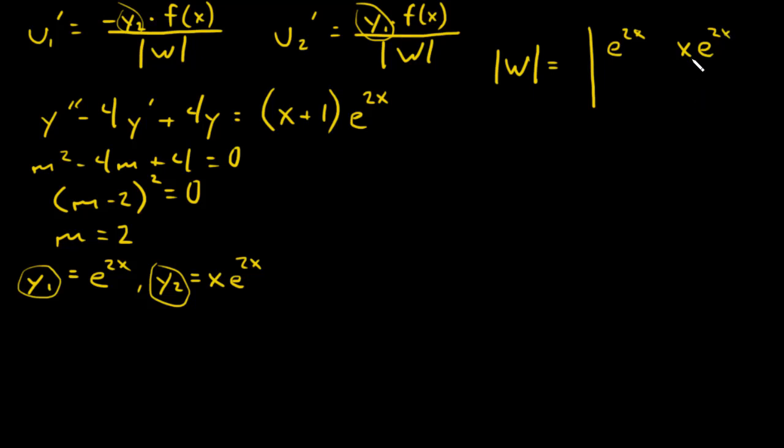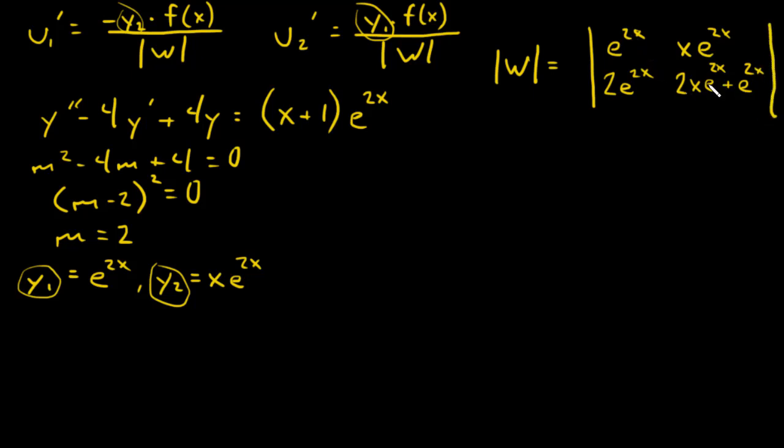So now what is the derivative of e^(2x)? It's just 2e^(2x). And the derivative of x times e^(2x), first times derivative of the second, so 2x e^(2x) plus e^(2x), right?